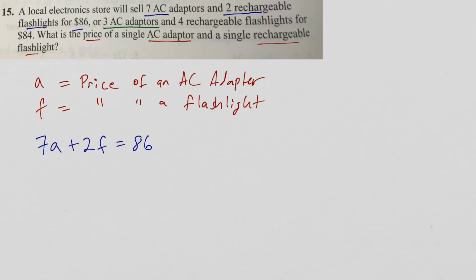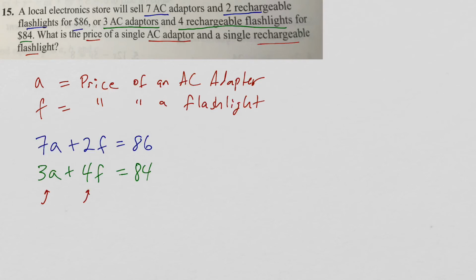Okay, now let's look at the next sentence. 3 AC adapters, so that's going to cost 3A. And 4 flashlights, that's going to cost 4F. That will add up to a total of $84. Okay, so I can either get rid of my A's by bringing them up to 21 or the F's by bringing them up to 4.